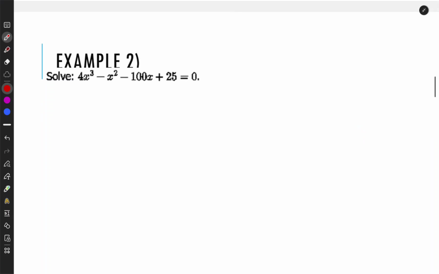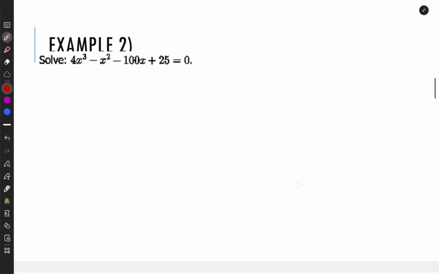In our next example, we do not have factors. We have 4 terms instead of 2 to 3 factors. So in order to start here, the first thing we're going to have to do is factor. This is a 4-term polynomial, so we're going to try and factor it by grouping.